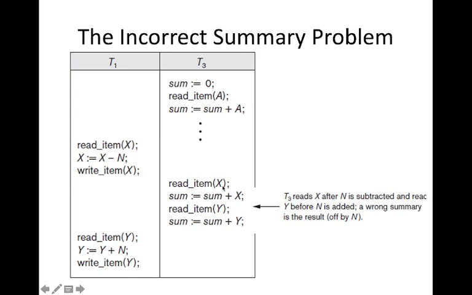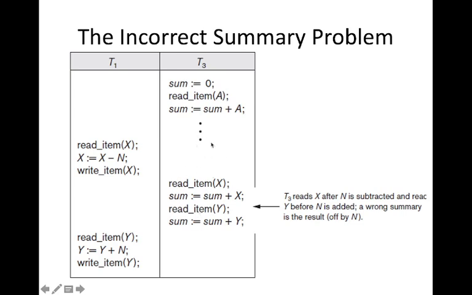Because of the interleaved fashion, only the value after subtracting is being used. Actually we have done two updations here. If X was 100, and X has become 50, what it reads is 50. Actually it should have read 100 first, then that sum should be added, and only after that read item of Y should be performed. So this is known as incorrect summary.